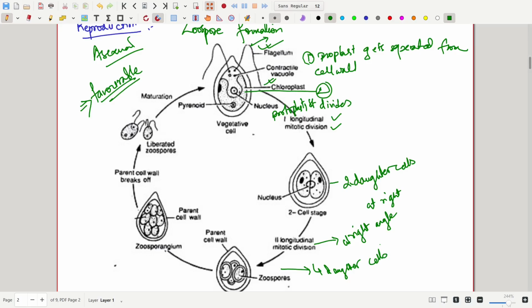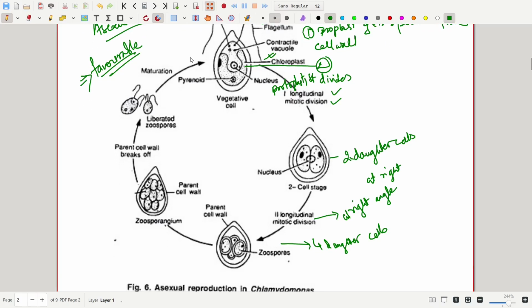And in this way 2 to 16 daughter cells can be formed through simple mitotic divisions.